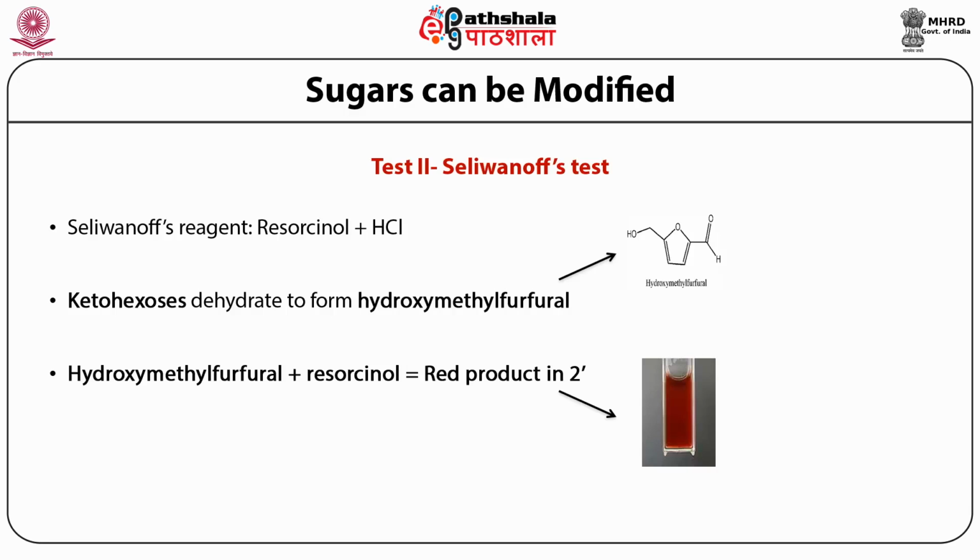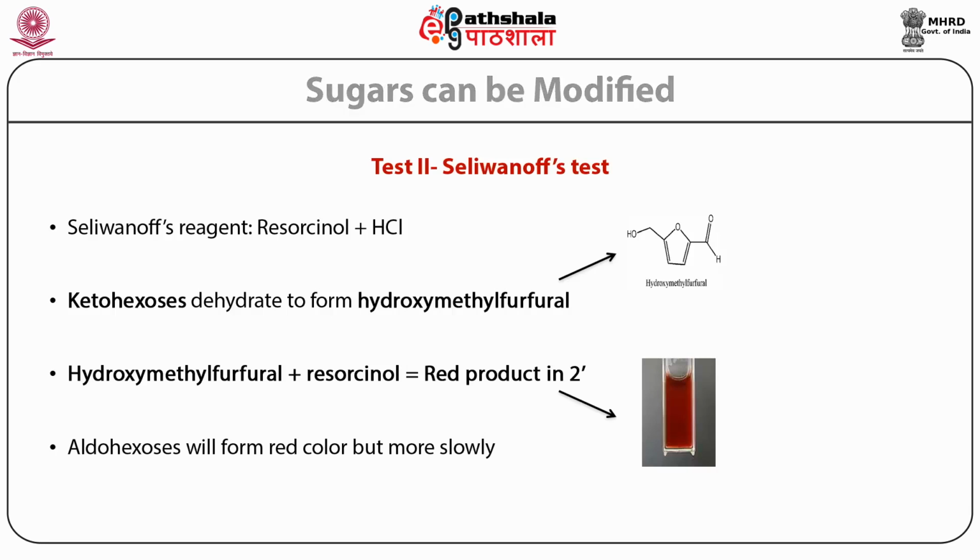This hydroxymethyl furfural will react with resorcinol in the Selivanov's reagent and will give a red product, as you see in the tube here, within 2 minutes. If it was an aldohexose that was present in the tube, then this red color that was formed within 2 minutes for a ketohexose will be formed much more slowly. And so this is a very common test that is used to distinguish between a ketohexose and an aldohexose.